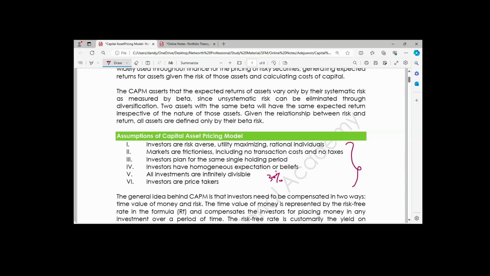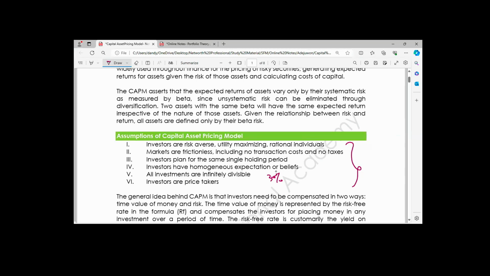Then the last one says that investors are price takers. Yes, it is possible. If you say investors are price takers, it means that whatever the market gives to the investor is what the investor will take, because generally prices are determined by the forces of demand and supply.